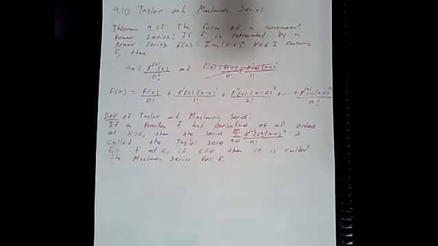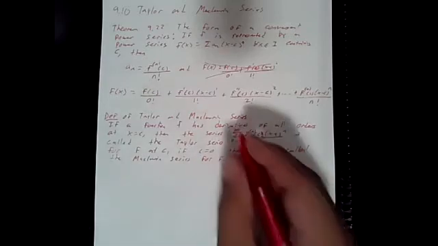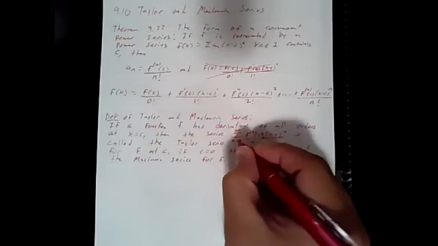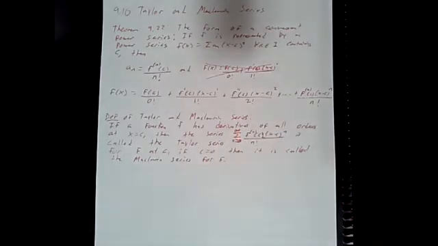It's n from 0 to infinity. So basically it's the same formula. It's just that Maclaurin is centered at 0 and Taylor is centered at some general c.